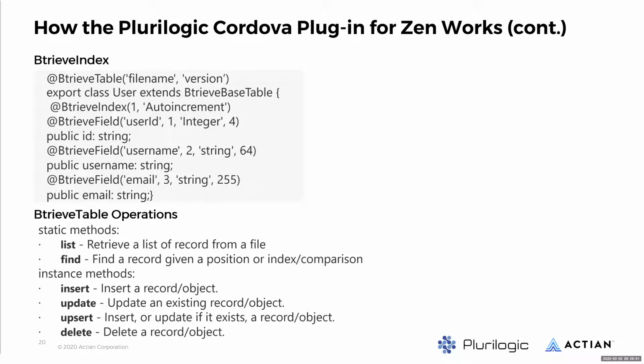But in fact, it's a really simple table that we're using. The key thing is that we replicate on the mobile device exactly the same data structure that we have on the server. So it's pretty simple to add some indexes and retrieve the table.